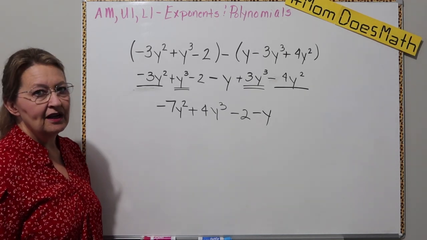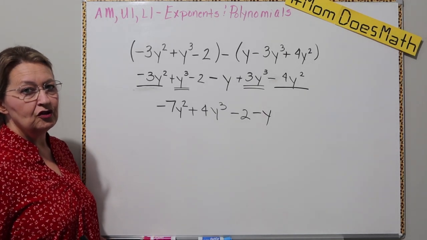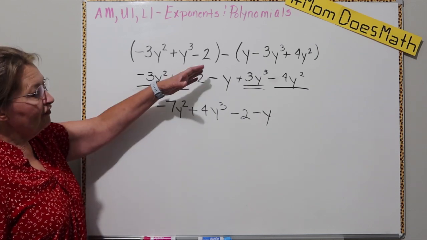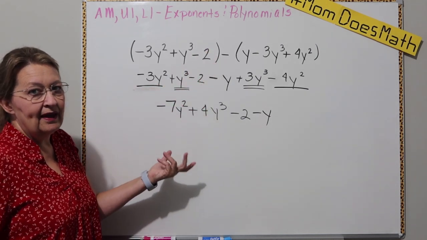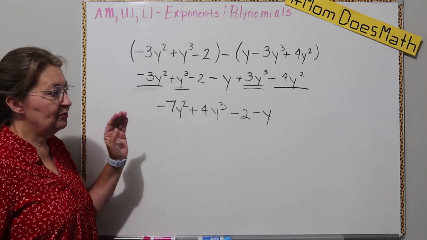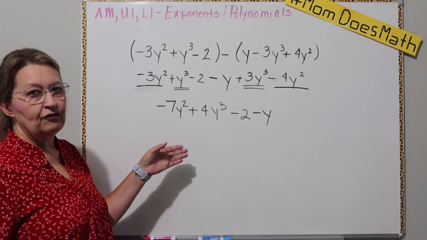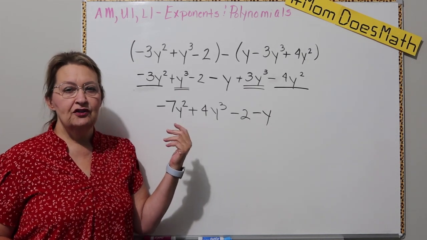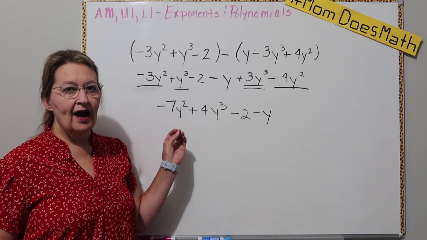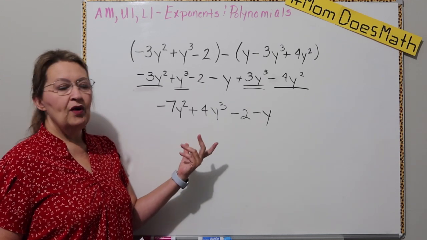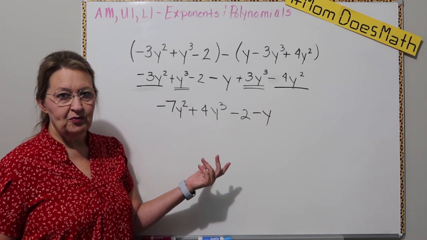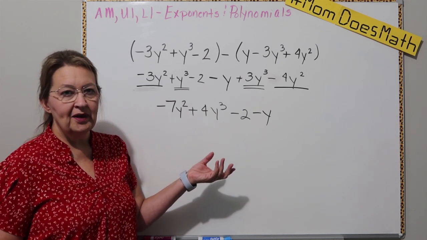Let's put this in standard form because the directions do tell you to put it in standard form. Now before, all the ones we did previously, they just happened to land in standard form, so I didn't mention it. But now, this is not in standard form. Standard form means you start with your highest exponent first, and you work your way down. What if you have 2 letters that have exponents? Well, then you go alphabetically.